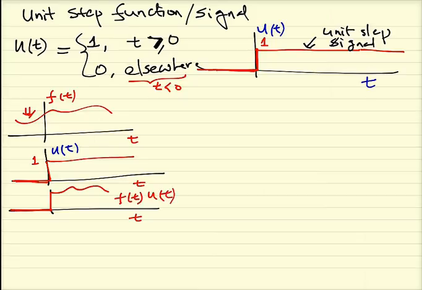In simple language, if you multiply any signal with u of t, it makes the signal one-sided. That means the signal is only applicable for t greater than or equal to 0, and before t equal to 0 the signal will be 0. The original signal is a two-sided signal.